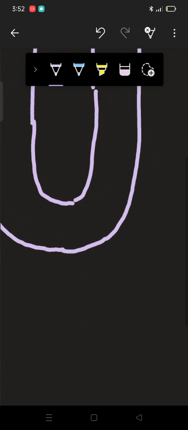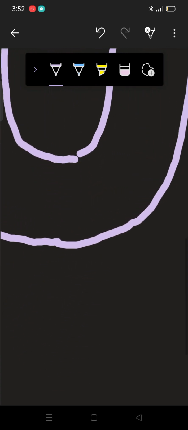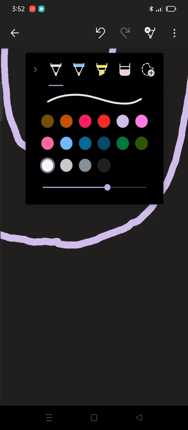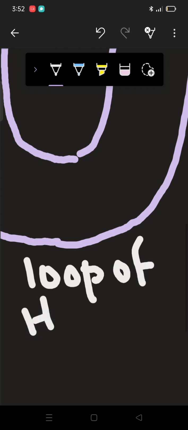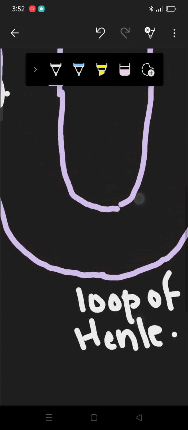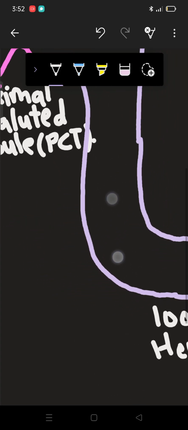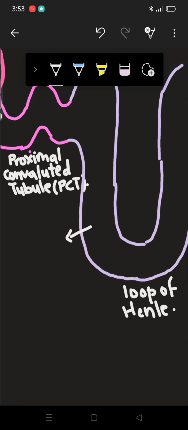This is the loop of Henle. I should write this with white color: loop of Henle. This side is the descending loop of Henle, because it is coming from the upper side and going down.